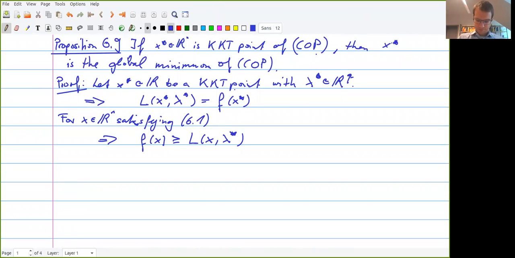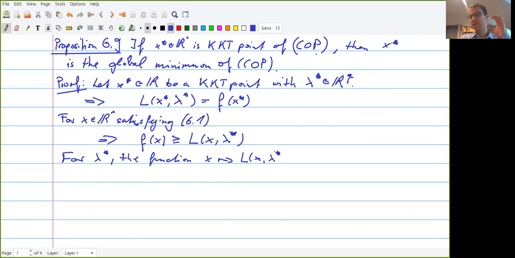Okay. And now, at some point, of course, you won't be surprised, we want to use the convexity, and I think this is now the right moment to use it. So if we fix these lambdas, and this is the fixed one, for the function x mapping to the Lagrange function of x and lambda star.